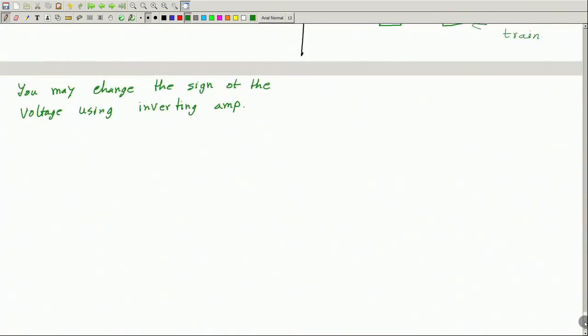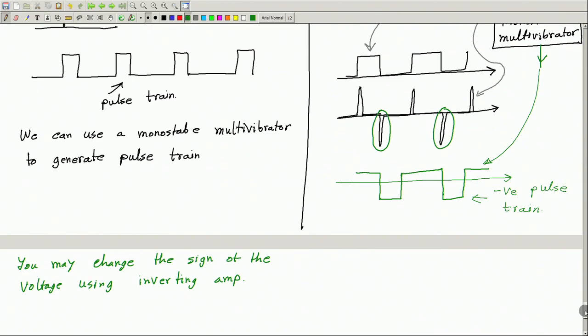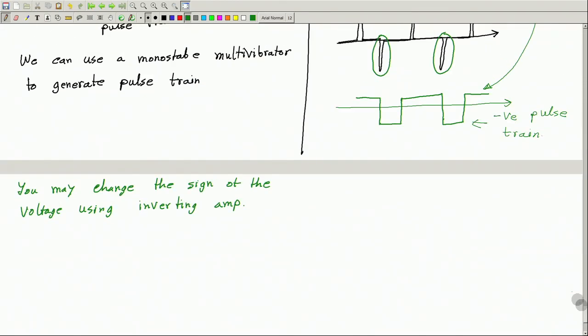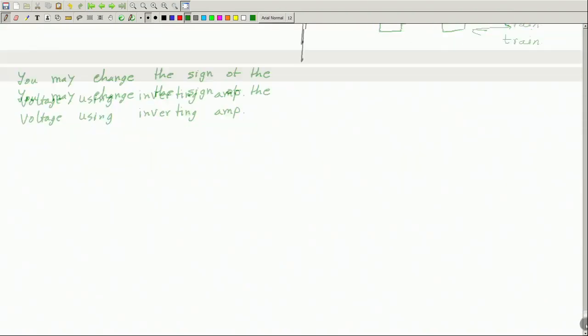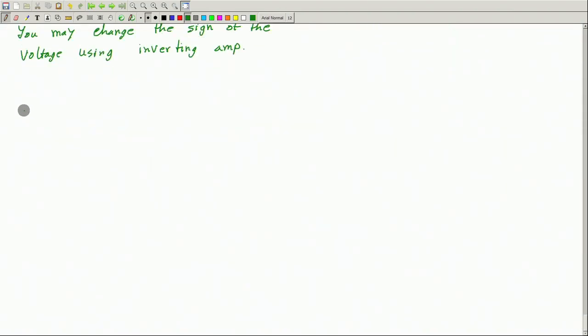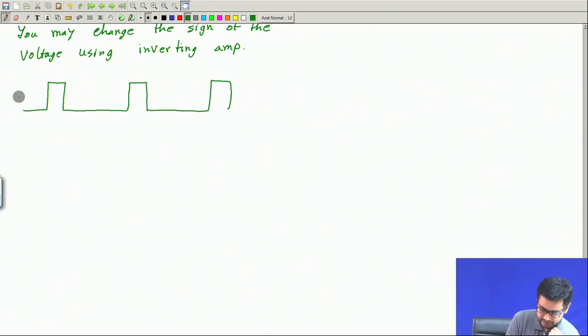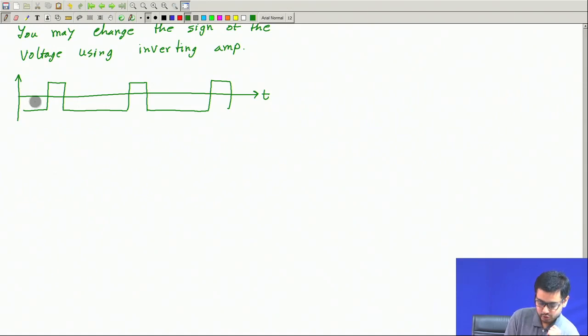Now, what else you may need? Suppose, once you change the sign of this voltage, you will get this. And this is the 0 level. So, you see the pulse train is normally negative and it goes to positive sometimes.